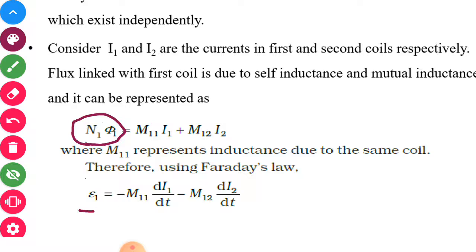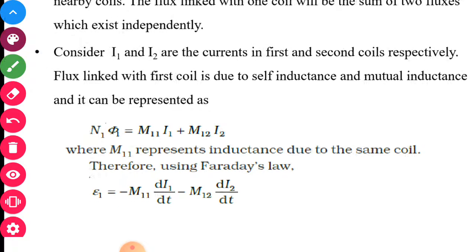It means that you are changing the current in the first and second coil with respect to time. Differentiation means that electromotive force will be generated in the first coil, because of its self-induced electromotive force, and due to the mutual inductance, the electromotive force will also be generated. So two effects are seen simultaneously.